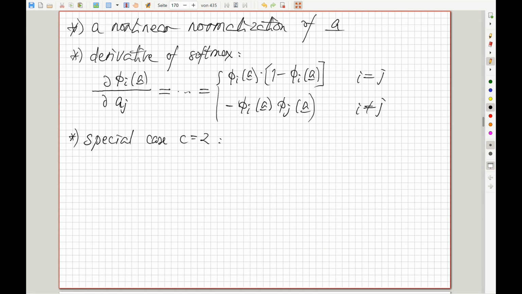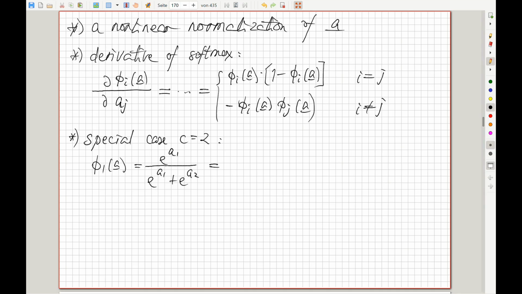And the equivalence is quite easy to show. If we use softmax, we have 2 outputs. The first output is given, based on definition, by the exponential function of the first input normalized by the sum e^{a1} plus e^{a2}. That's the definition.